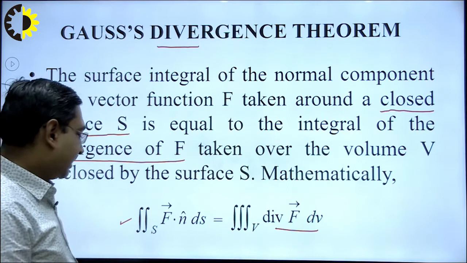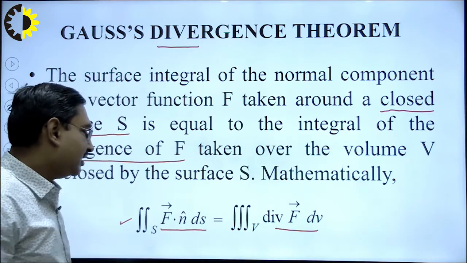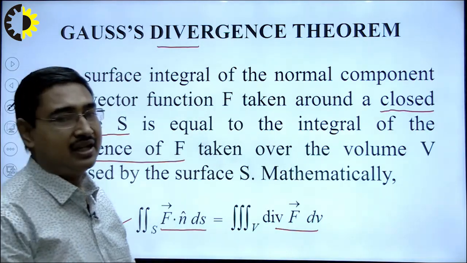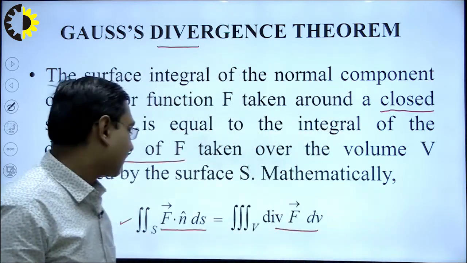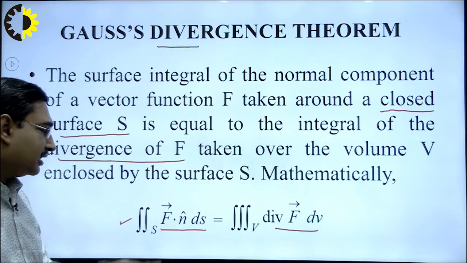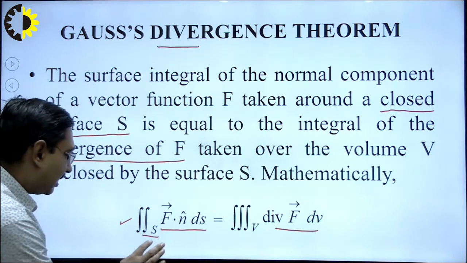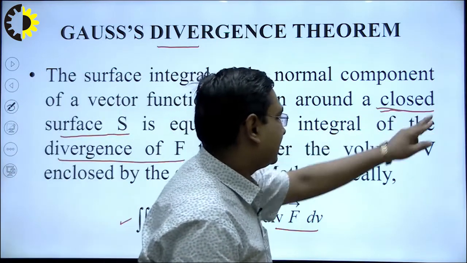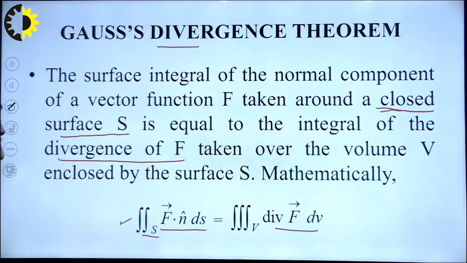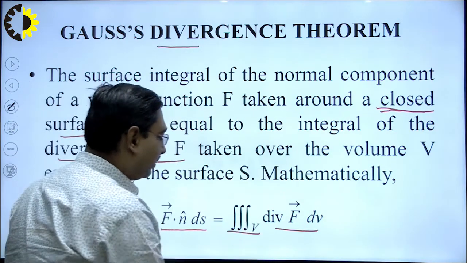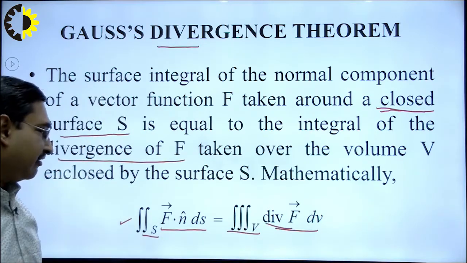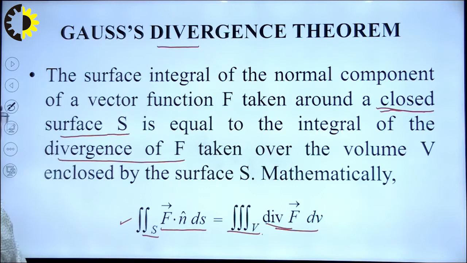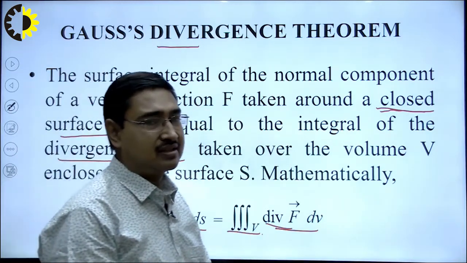The theorem says that if we want to evaluate this surface integral of f dot n cap dS, which we have evaluated in previous slides, over a closed surface S, then this surface integral can be converted into a volume integral of the divergence of this function f, where V is the volume enclosed by this closed surface.